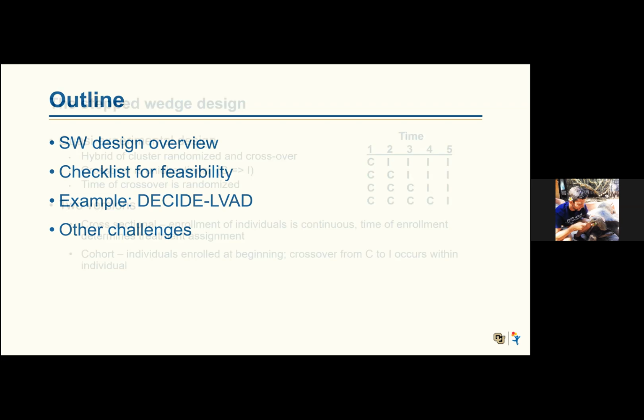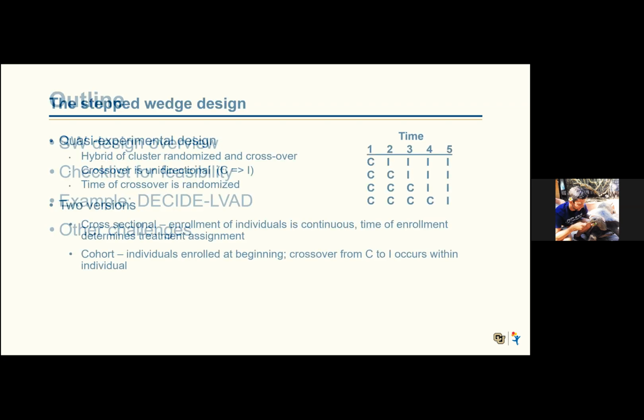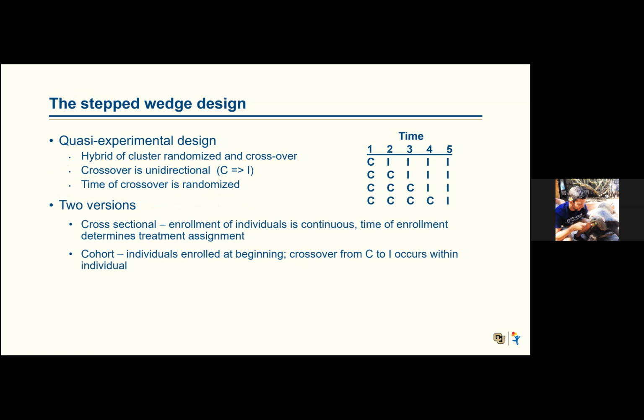So the stepped wedge design is a hybrid of a cluster randomized study and a crossover design. The crossover is unidirectional, so we always go from control to intervention. And the time of the crossover is randomized. There are two versions.